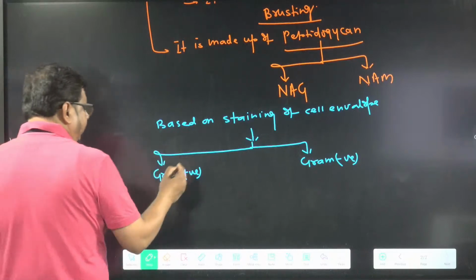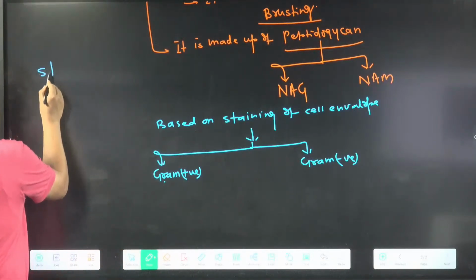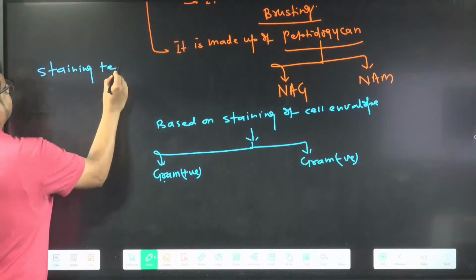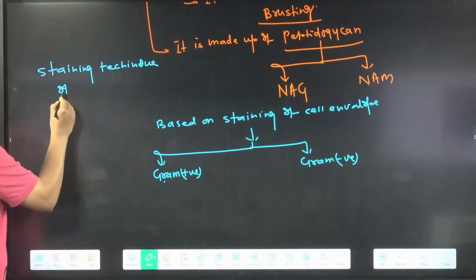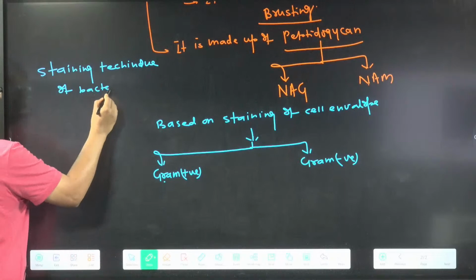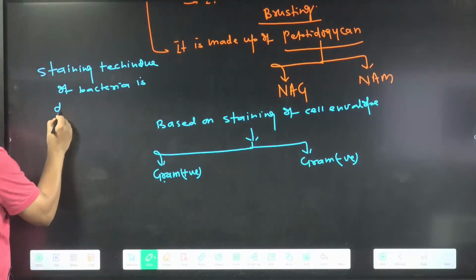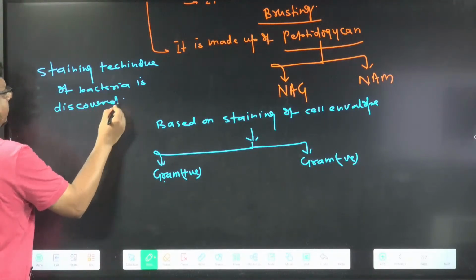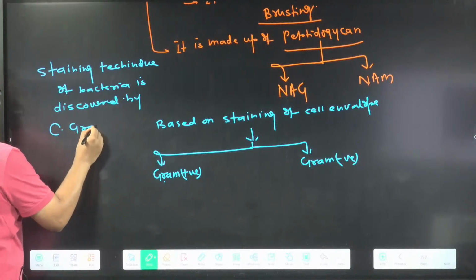So why are we saying gram-positive and gram-negative? Because the staining technique of bacteria was discovered by Christian Gram, C. Gram in short.